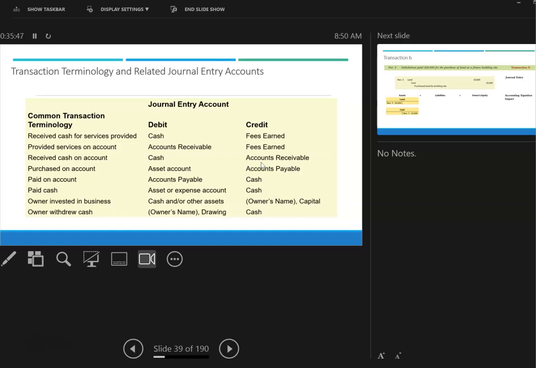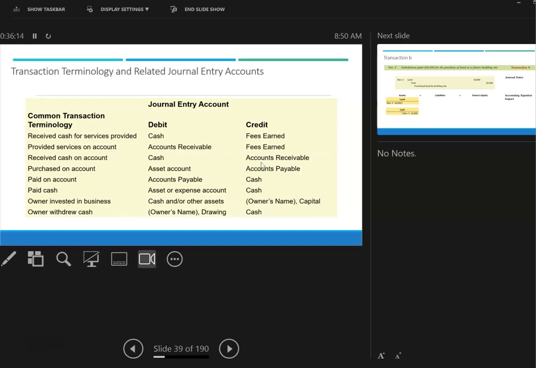When we paid on account, those supplies I received yesterday, I go and pay for them. What happens to cash? It goes down. Doesn't our accounts payable also go down? I don't owe them anymore. So cash gets credited, the liability gets debited, it goes down.